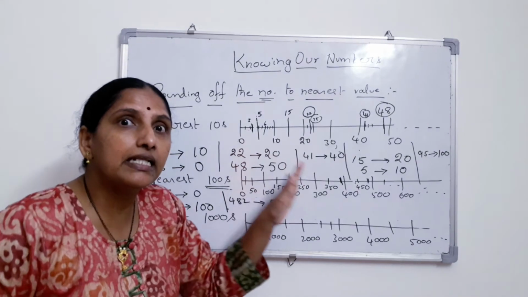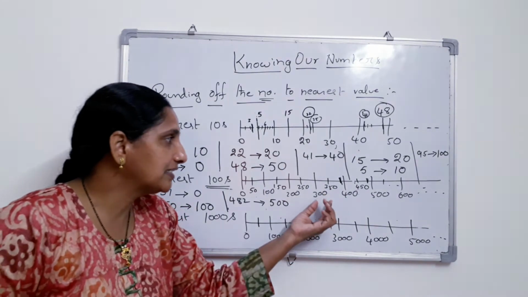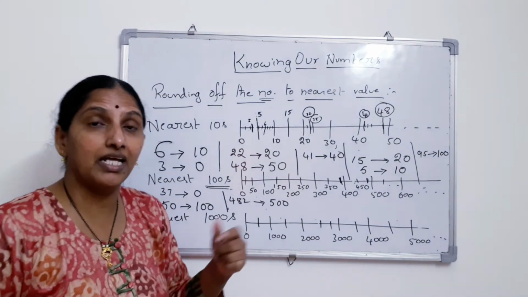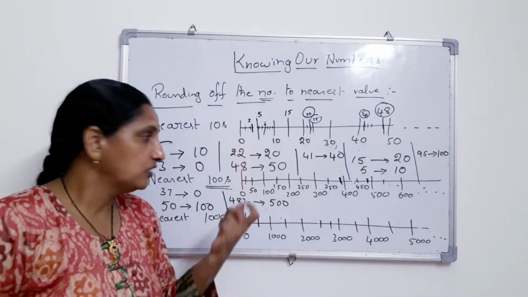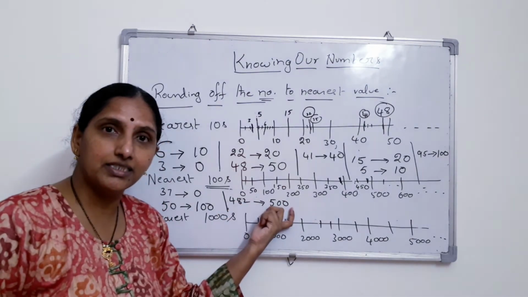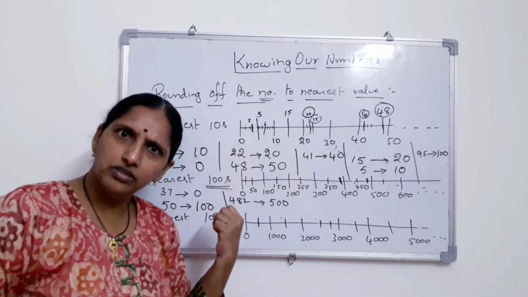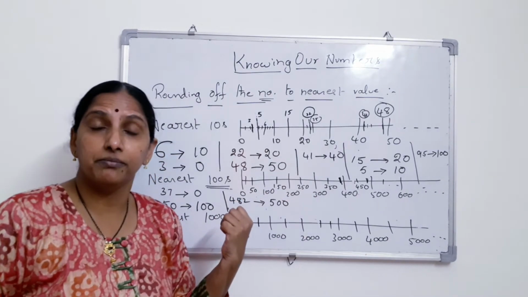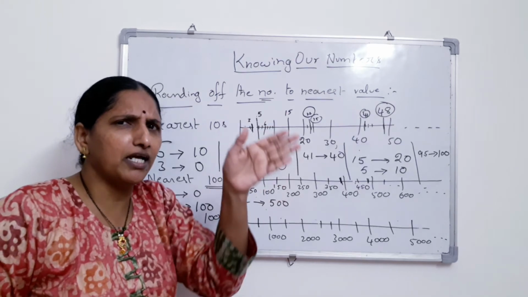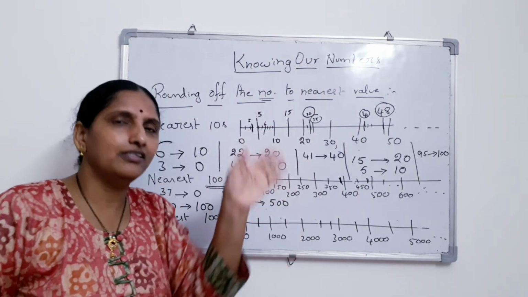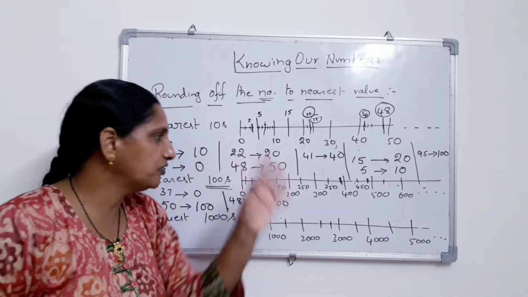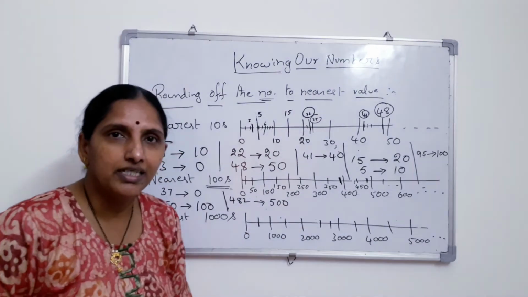If it is greater than the mid value, on the largest number side, you are going to round off to the largest number. If it is less than the mid value, you will round it off to the smaller number. If it is exactly the midpoint, then we want to have something more, so we will go to the next number.